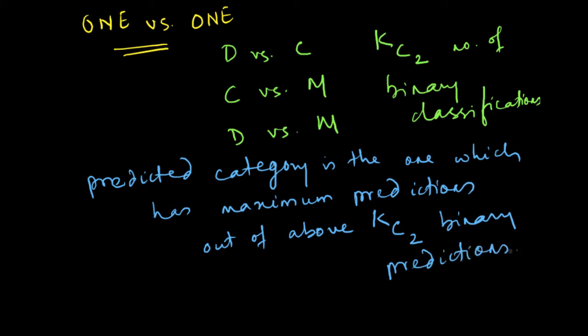So these are the two ways in which you can use binary classification for doing multi-class classification, but these problems have three primary issues.